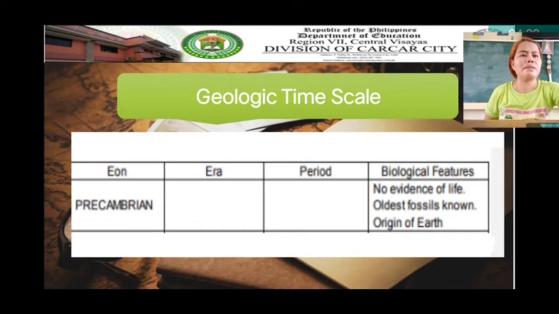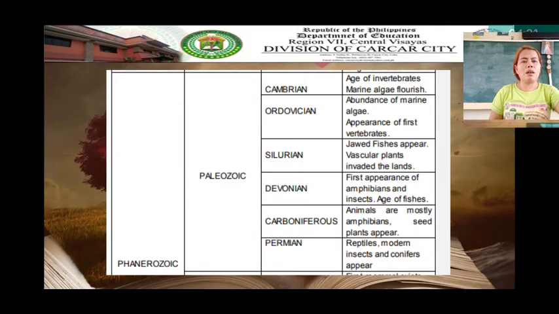Okay, so for another aeon, for the geologic time scale, we have the Phanerozoic, which consists of era, which is Paleozoic. For the Paleozoic era, it consists of the following periods.